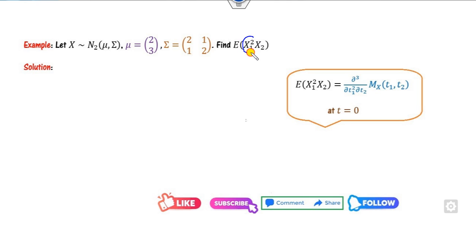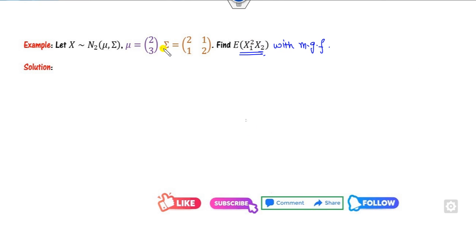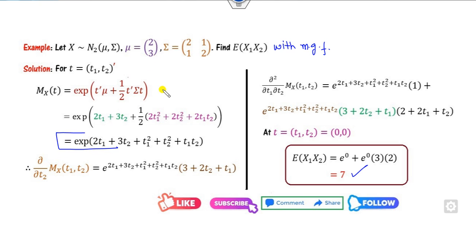Because it's x1 square, that means t1 square, and x2 is a single, it's my t2. Now the total quantity is 3, so it is a third-order derivative. As we have defined, this is the moment generating function of this expression.